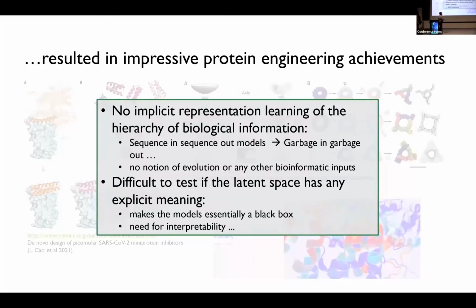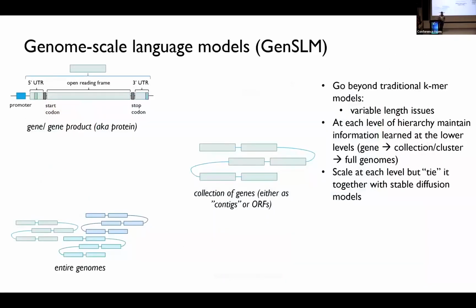So there is no notion of actually looking at evolution or any other bioinformatic inputs that we actually have a lot of access to, especially if you look at the genome level organization, right? And it is difficult to test if the latent space has any explicit meaning, because the models are essentially a black box, and there is this need for interpreting what these results mean in this context, right?